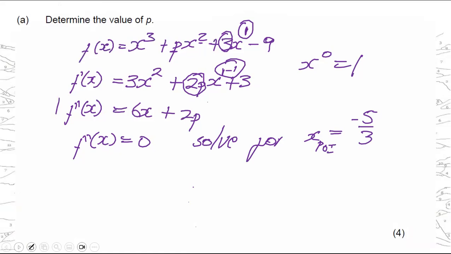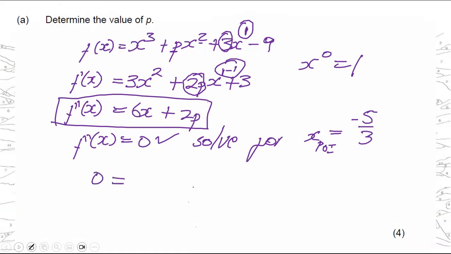If I substitute it into the second derivative, it should give me 0. So where there is second derivative, I'm going to substitute 0. And where there is x, I will substitute -5 all over 3. And then I'll have plus 2p. And then you just solve for p.